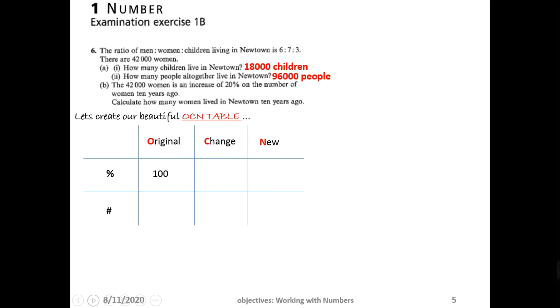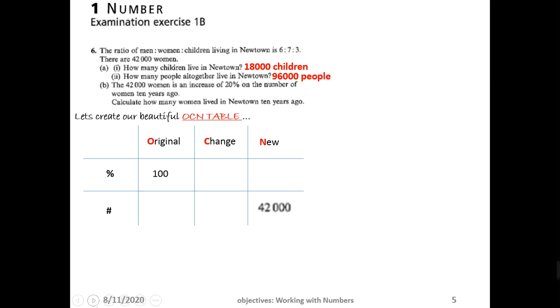Now, the original is always 100 as a percentage. The 42,000 is the number that is given to us in the question, which represents the new number of women, because they asked for the original number, or the number of women 10 years ago.